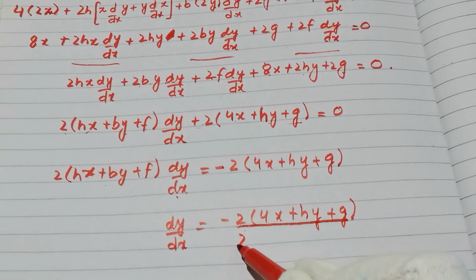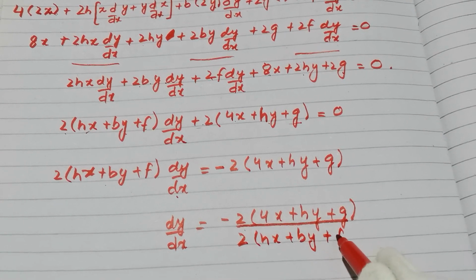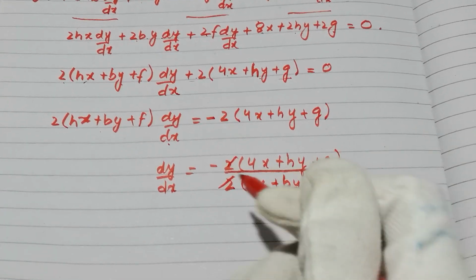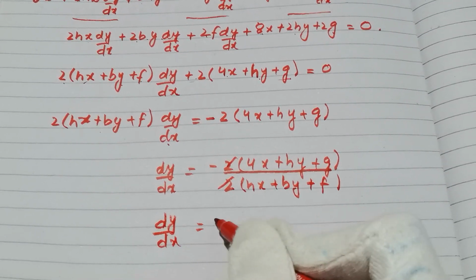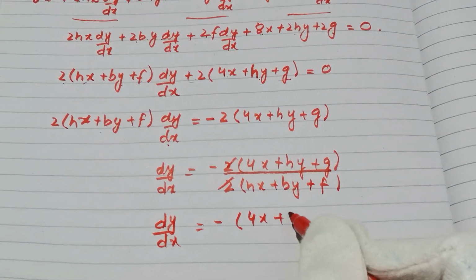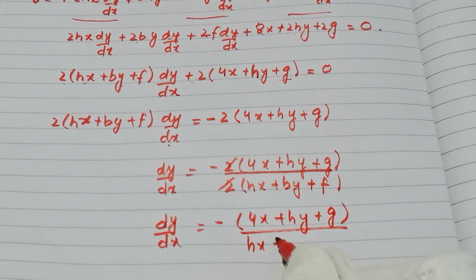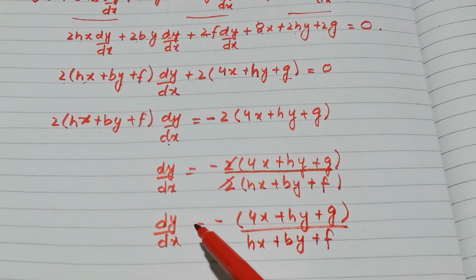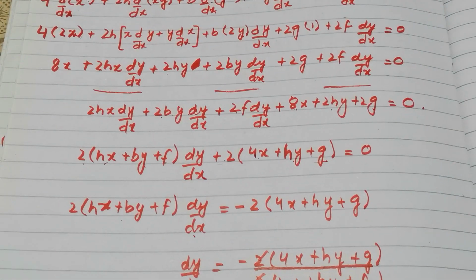So we will divide by this term, hx plus by plus f. So 2 and 2 cancel, and we get dy by dx is equal to minus 4x plus hy plus g, divided by hx plus by plus f. So the value of dy by dx is this. This is our required answer.